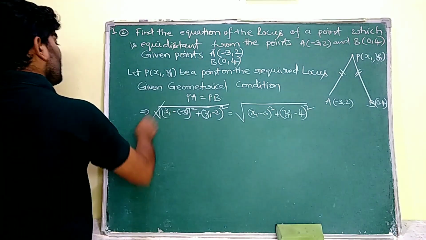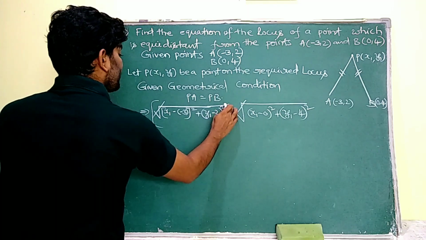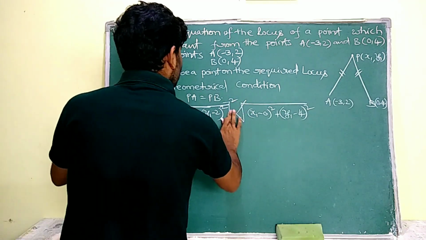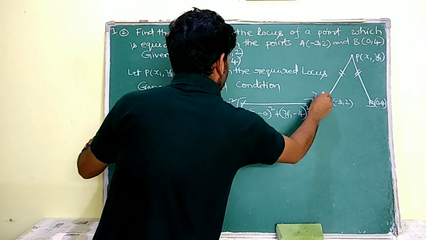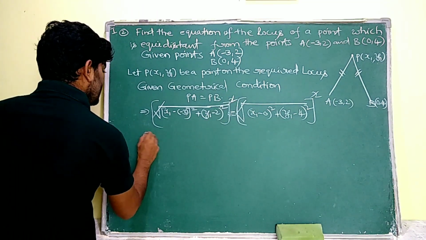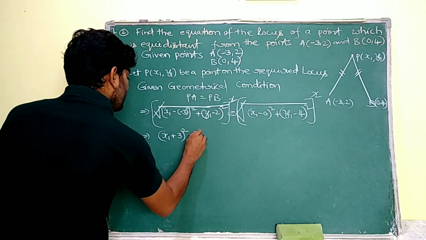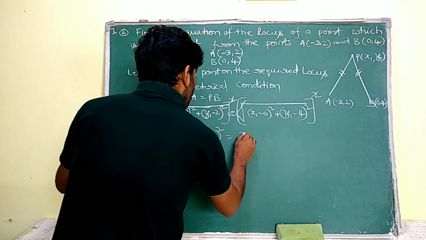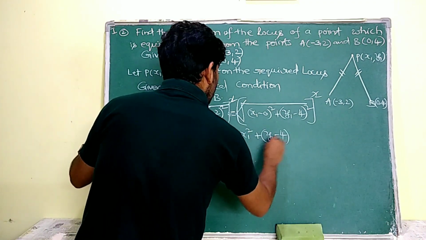By squaring on both sides, the square roots are going to be cancelled with squares. So the rest of the values are (x1 plus 3) whole square plus (y1 minus 2) whole square is equal to x1 square plus (y1 minus 4) whole square.